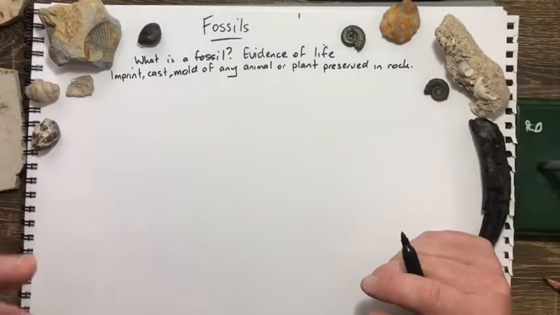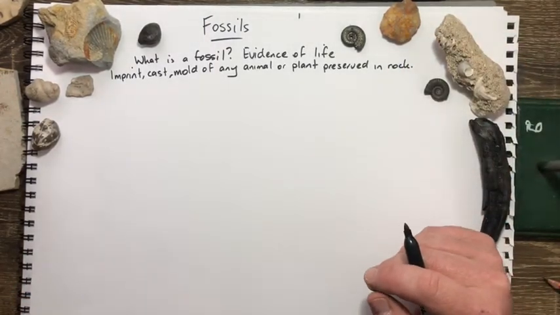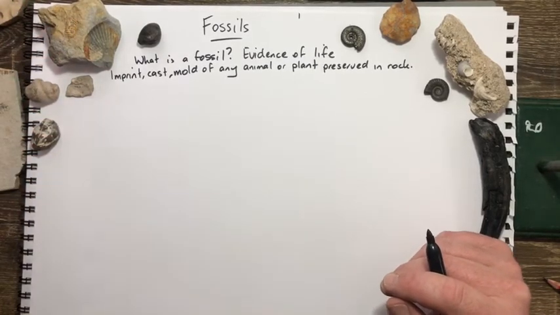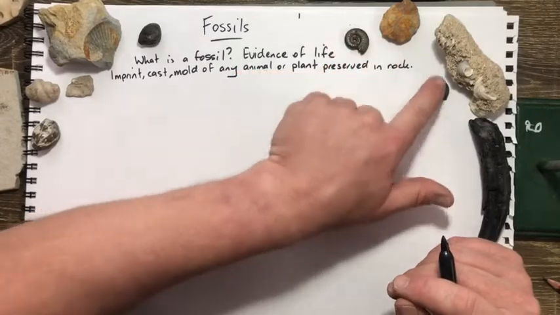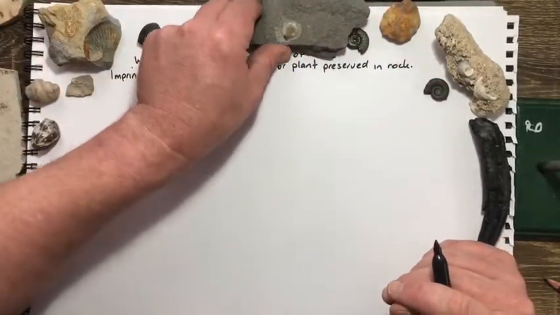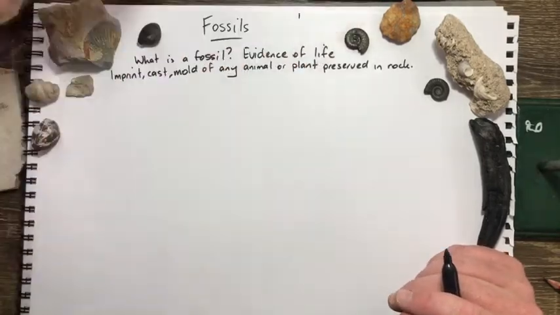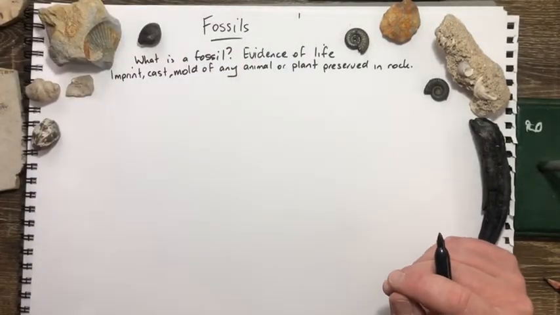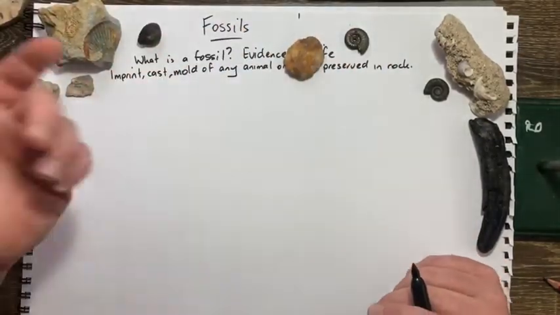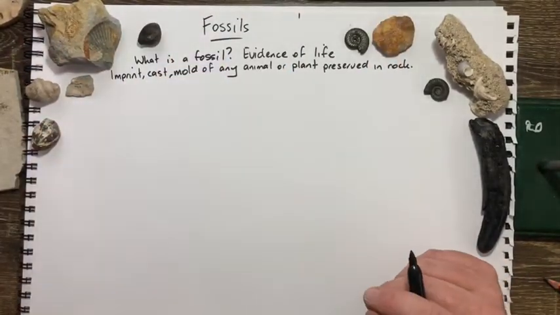We can also get replacement of material. So something might start off as bone, but it might be replaced by something else like iron pyrite, or even something like a clear calcite there. But sometimes it can be something as simple as a stone tool, like this one here. We'll talk about that in a minute.